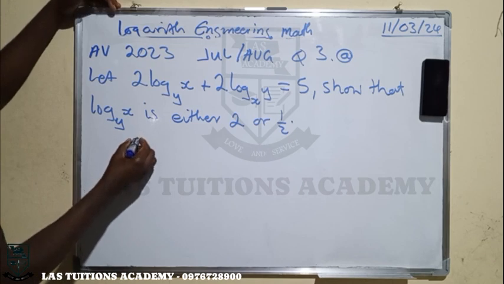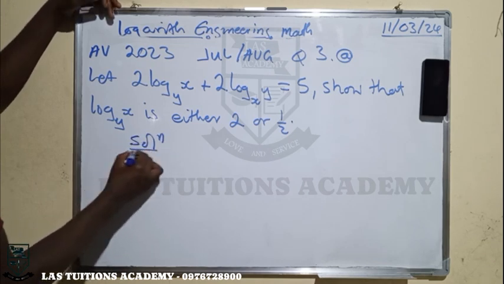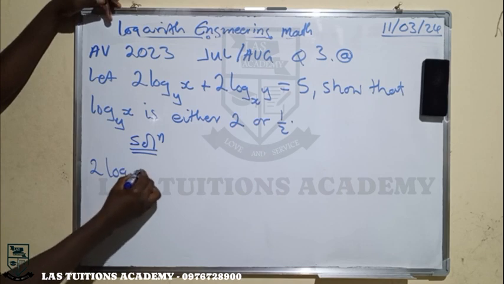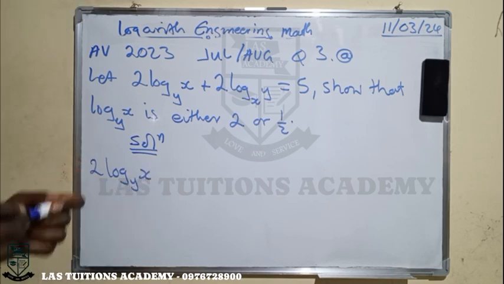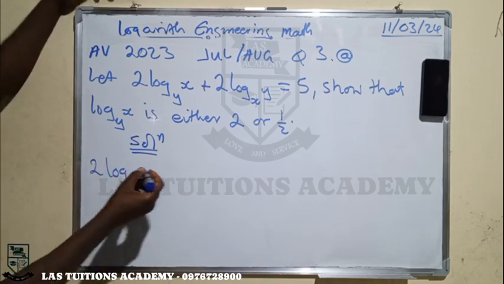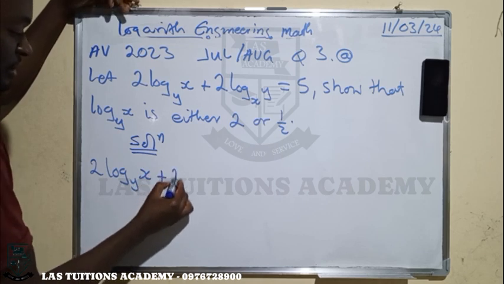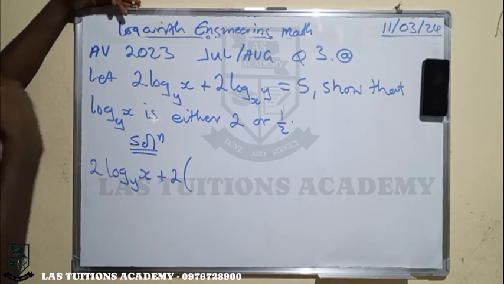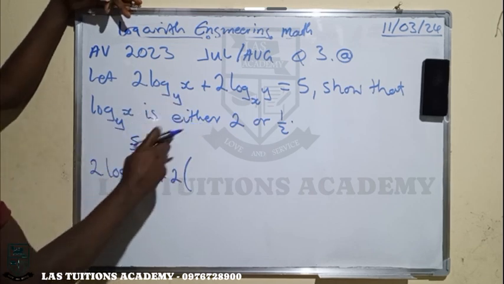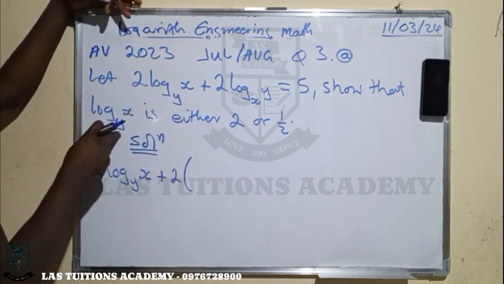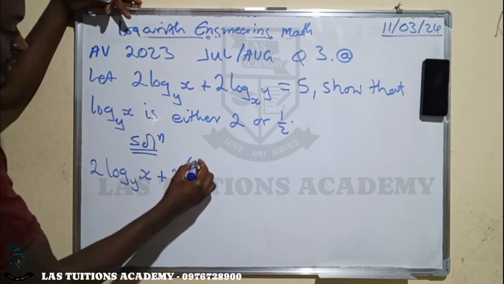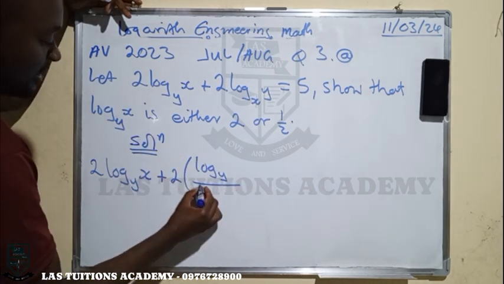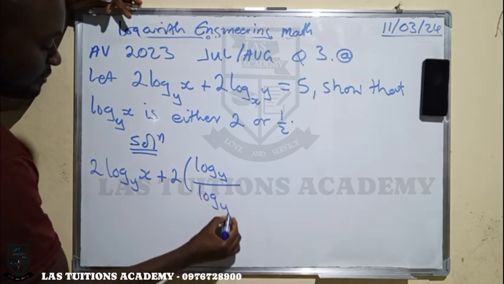So the solution is going to be 2 log x. Now remember how we change the bases. I hope you still remember how to change the base. We are changing the base of this one to y, because the question says base y. So I'm going to say log base y over log base y.